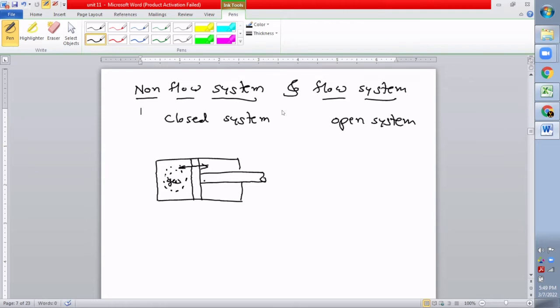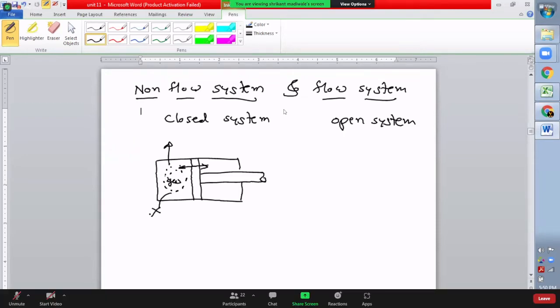And while doing this, we allow the transfer of energy from system towards the surrounding, but we do not allow the transfer of mass from system to surrounding. The mass should be there inside the system. But in the case of the open system, suppose the example of a pump, what is the function of the pump?